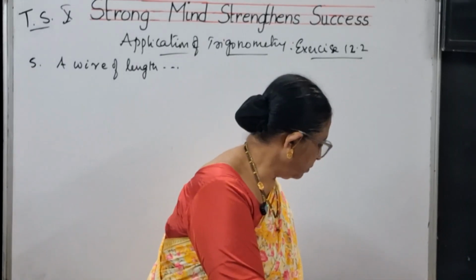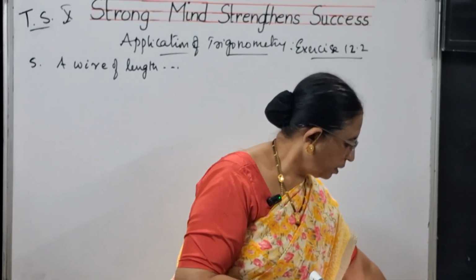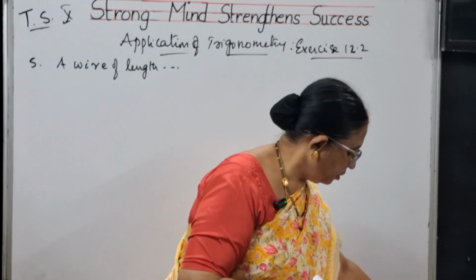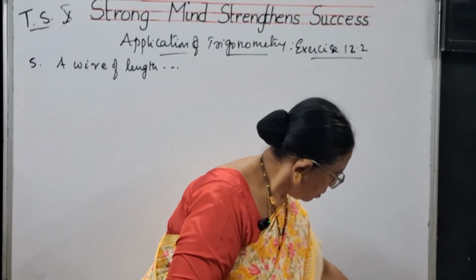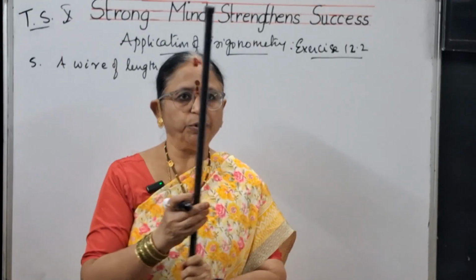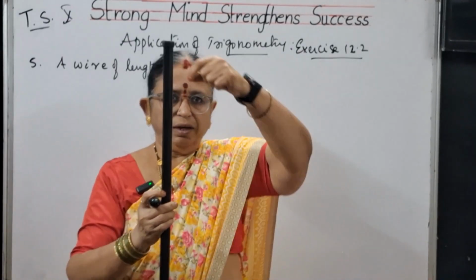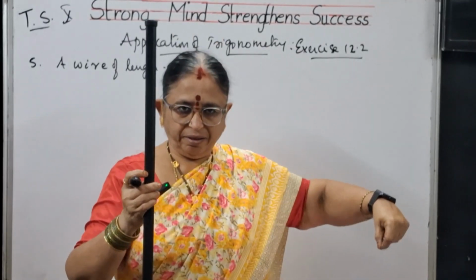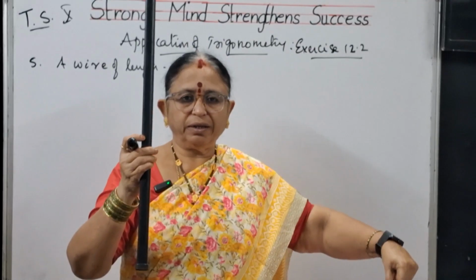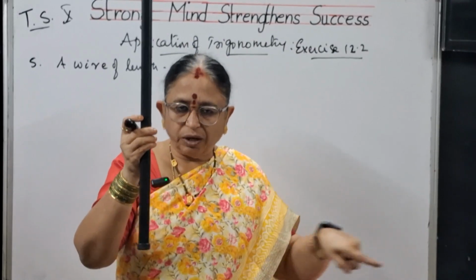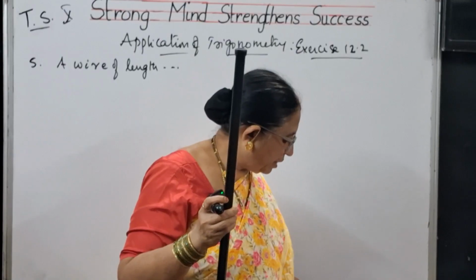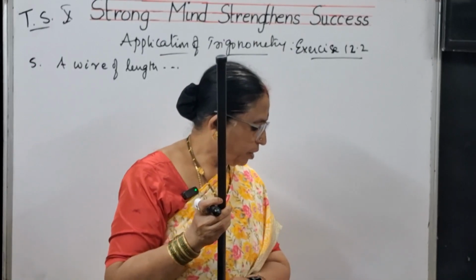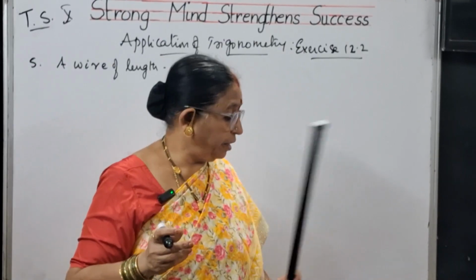So suppose you have got a pole. There is a pole like this. A wire is tied like this, so that the angle of elevation to the ground it has made is nothing but 30 degrees. And that means what?